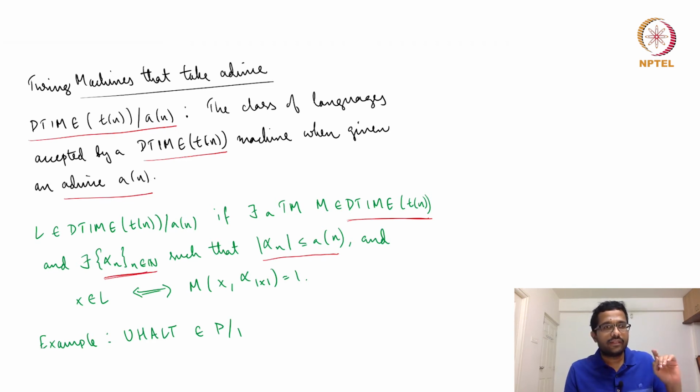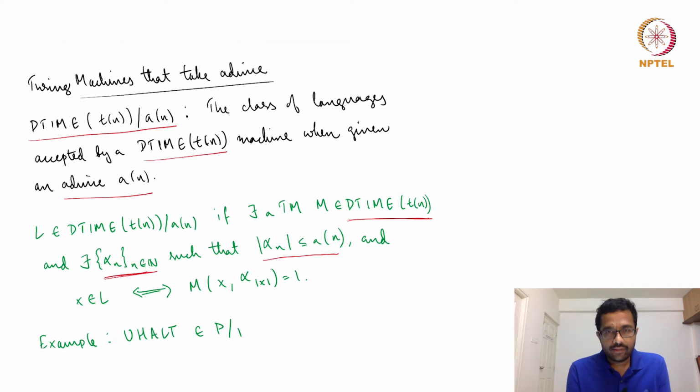There, the length of the witness or certificate string was bounded by a polynomial in the length of the input. Here, the length of the advice string is bounded by some function a(n). This could be anything. It could be logarithmic, polynomial, exponential. It just changes the parameter in the definition.